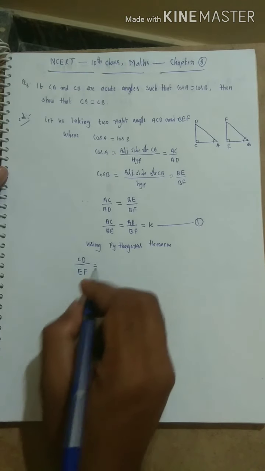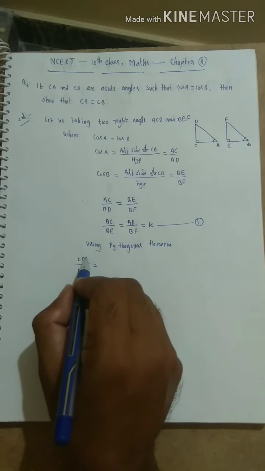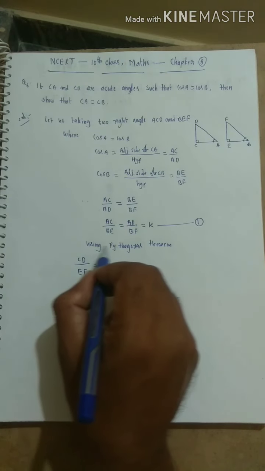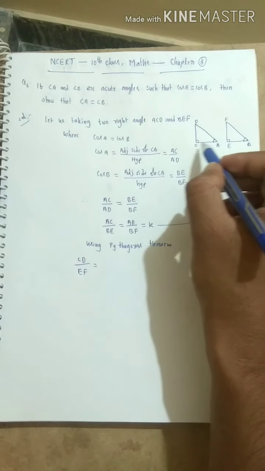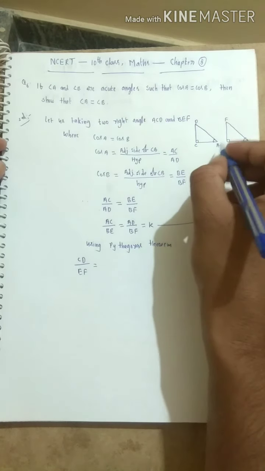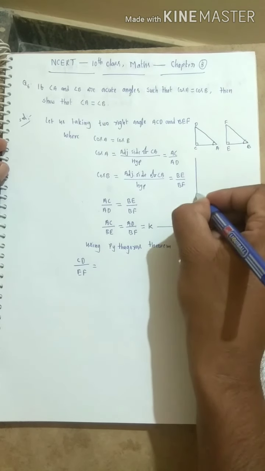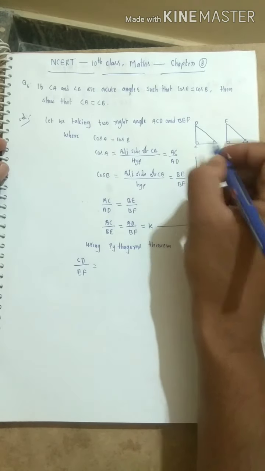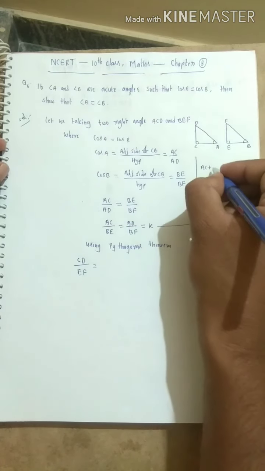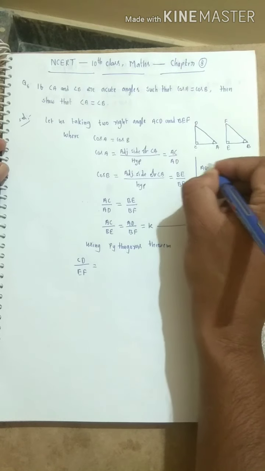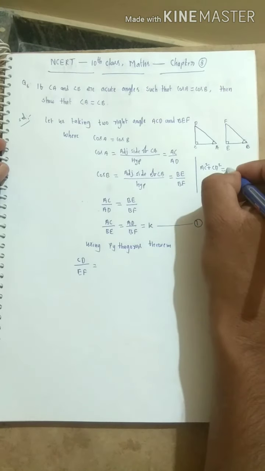What is the value of CD and EF? We find the value of CD and EF using the Pythagoras theorem. First one, ACD is right angle triangle. Using the Pythagoras theorem, side square plus side square equal to hypotenuse square. Here one side is AC square plus another side is CD square is equal to hypotenuse square AD square.